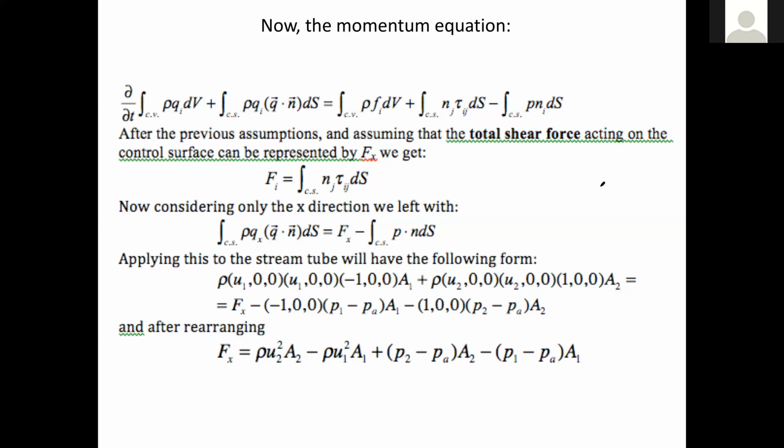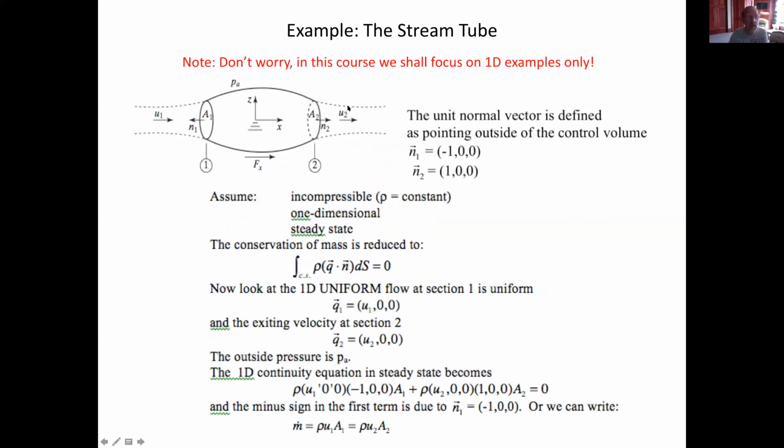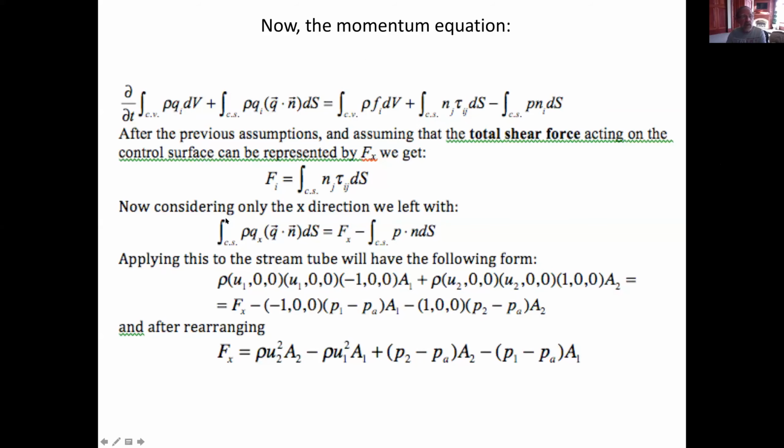Where were we? Let me go quickly back. So this is the equation we had. We tried to throw away the body forces and steady state. We need to clarify this one, which is going to be exactly like before.